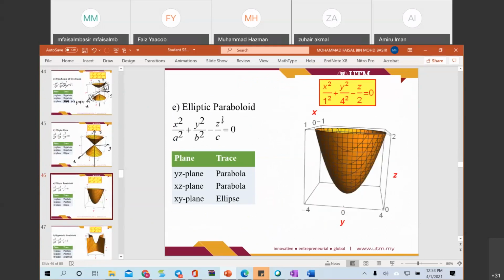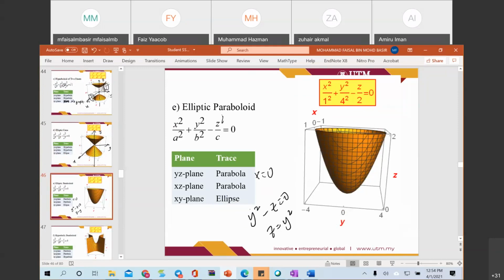For elliptic paraboloid, same, when y is at 0, y is at plane, x0. X0 means you have y squared minus z equals 0. So z equals y squared.